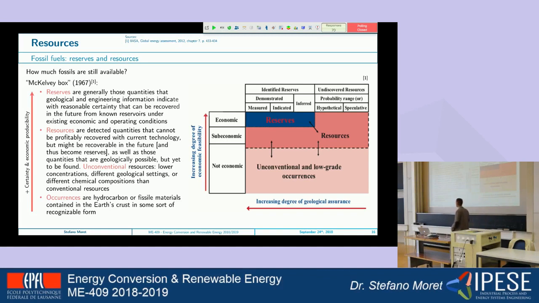Resource is something that normally we know is there, it can possibly be recoverable, and then it will become a reserve. But right now it is not economical to do that. So what has happened in history is that resources are always much bigger than reserves, and with time and technological development, resources will gradually become reserves.